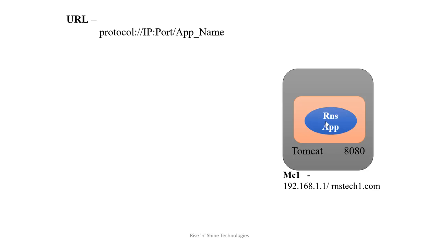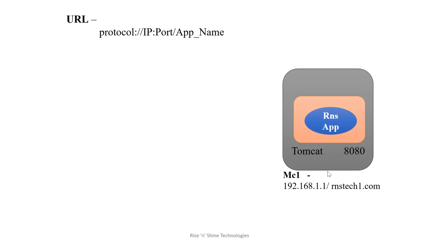So finally, the application name. How are we going to access it? First, machine level communication, that is the IP address. Then service level communication, that is the port. Then within the service, the application name, which application you want to access. So these are the three main inputs required to access the application.